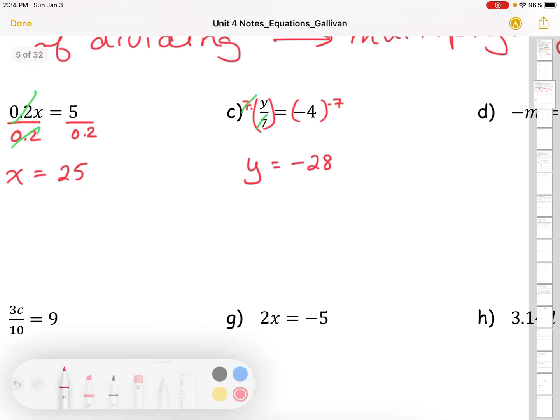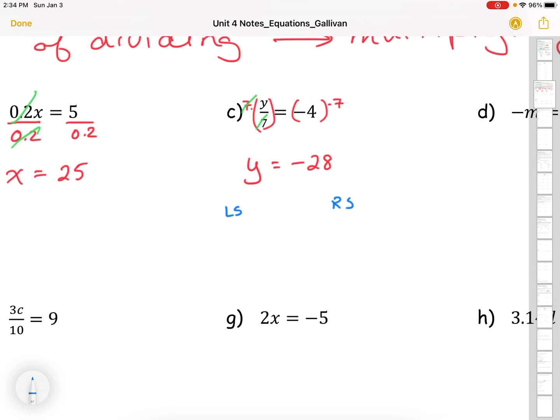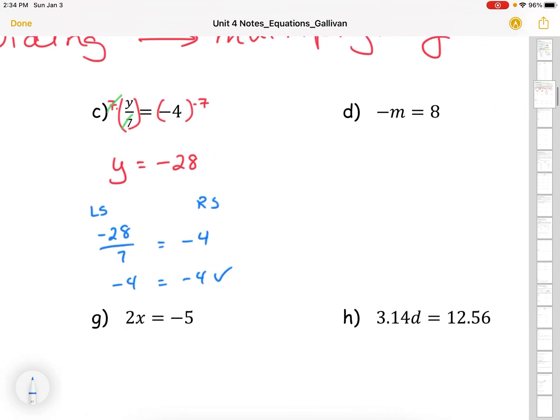And you can test that. You can always test that if you go back to left side, right side. Negative 28 divided by 7 should equal negative 4. Negative 28 divided by 7 does equal negative 4, so it works. So that could be your check.